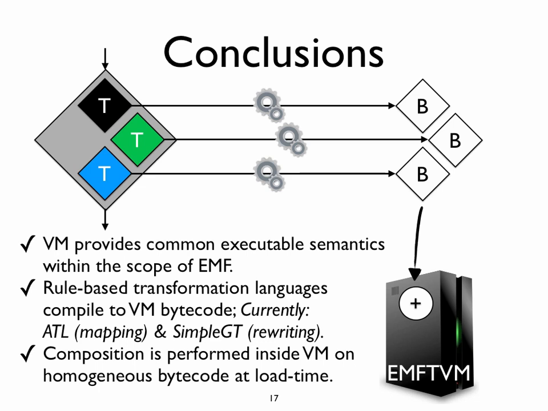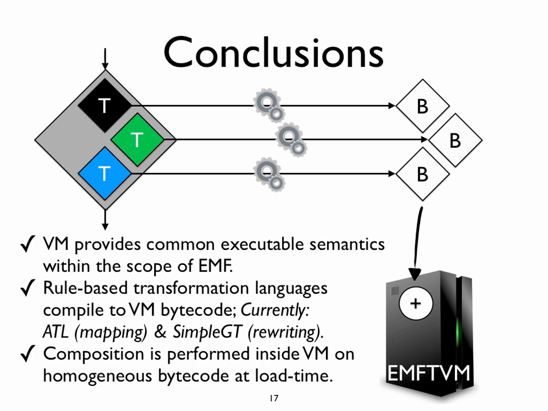Time to conclude. So we've presented an approach for a general composition semantics for rule-based transformation languages, which is based on a model transformation virtual machine, the EMF Transformation Virtual Machine, we called it. Basically, the VM provides a low-level bytecode language to do EMF model manipulation. High-level rule-based transformation languages are then compiled to this bytecode language.